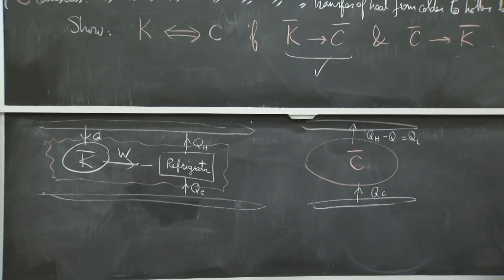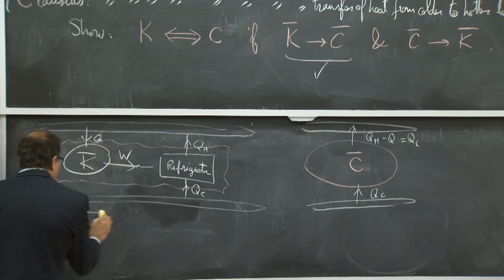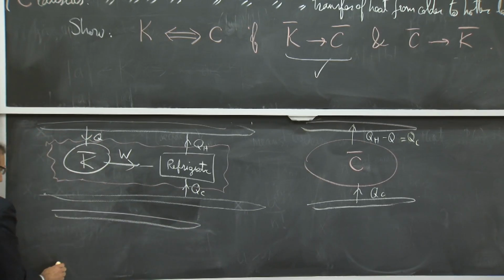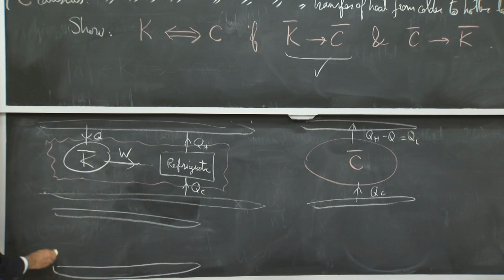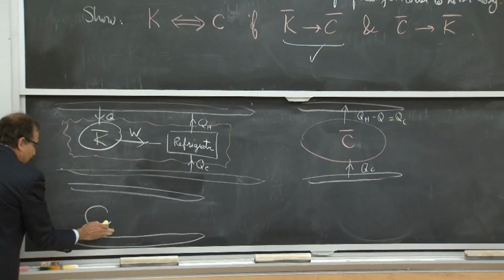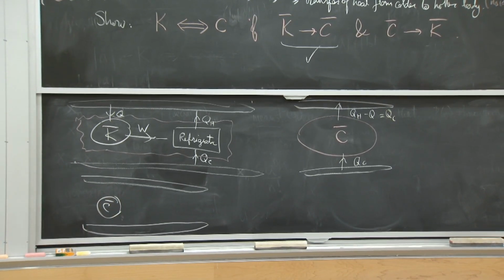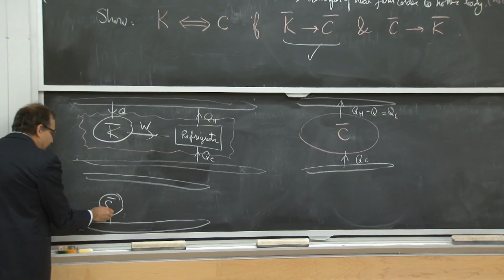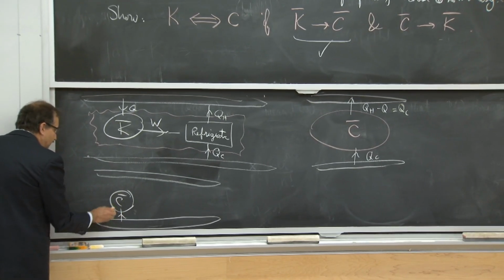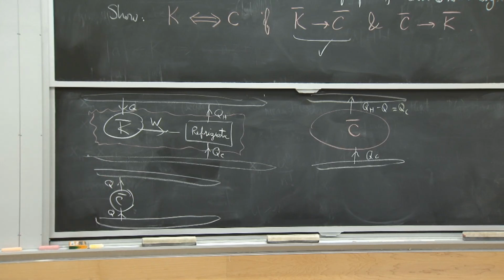And to establish the second part, let's say that we have a machine that violates Clausius. And this machine takes a certain amount of heat, Q, from the room and deposits it to the hotter outside.